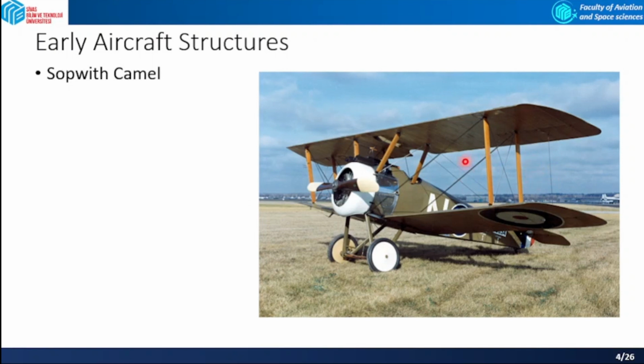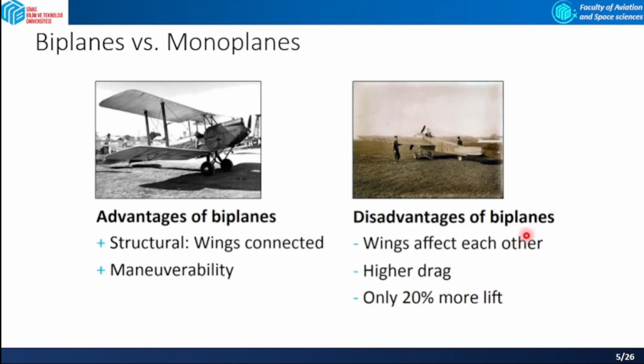And the fuselage of this aircraft, although it has a small metal plating in front, is made of a truss structure which is covered by linen. Beside the structural advantage, a biplane had a better maneuverability.